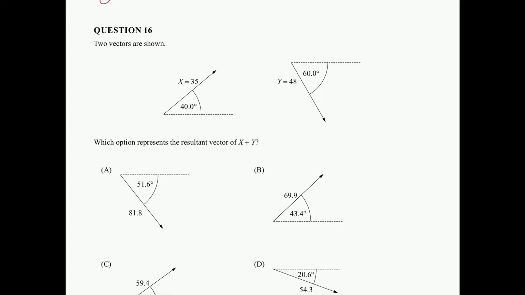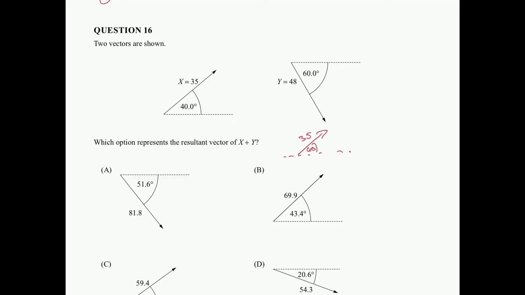So question 16, two vectors are shown, vector x and vector y. Which option represents the resultant vector x plus y? So let's go through and draw our two vectors. We're drawing x plus y, so we're doing it head to tail. So x is here. I'm going to draw the horizontal at 40 degrees here, and it is 35.